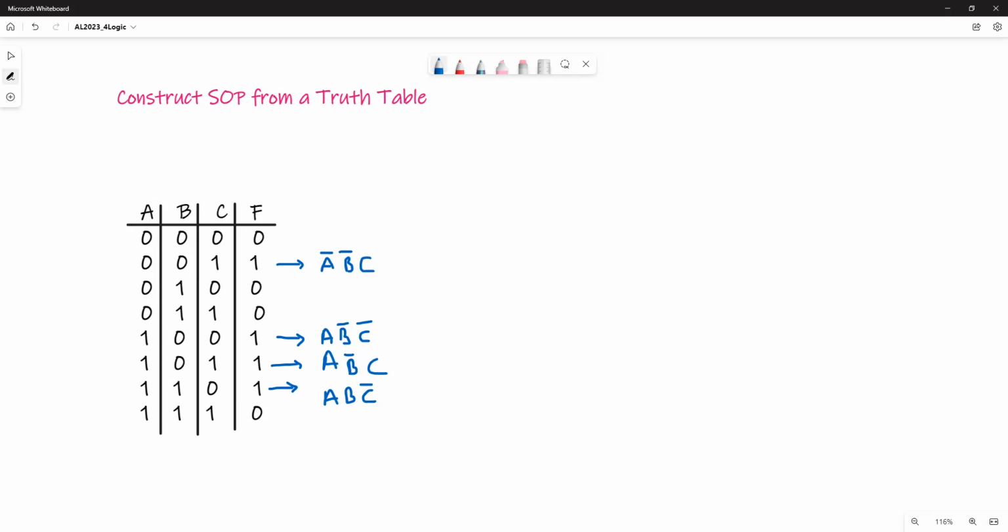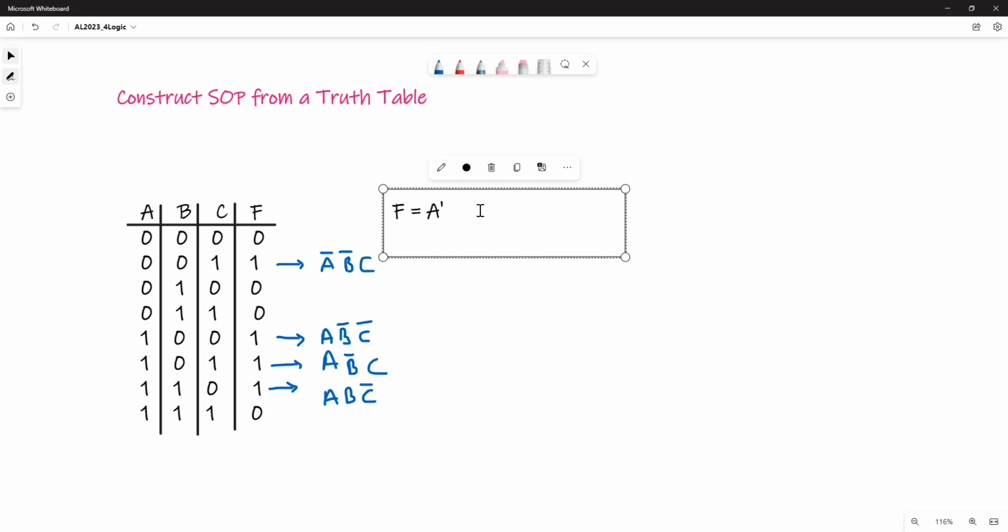Finally, we can combine all these using OR. So the final expression for this one I can write like this. F can be written as an addition of these multiplications, these products.